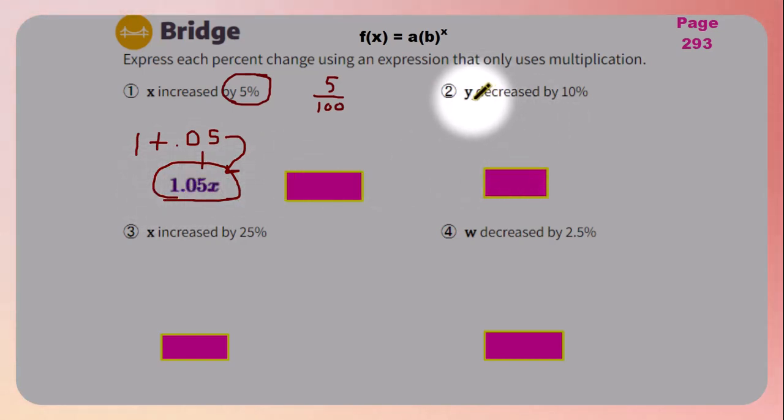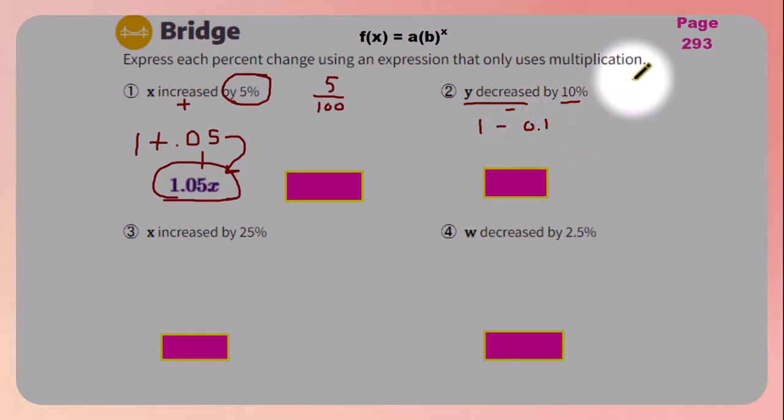All right, now we have a decrease. So what do we do with that 10%? Instead of adding it, increase is add, decrease is subtract. We're going to take 1 minus 0.1.